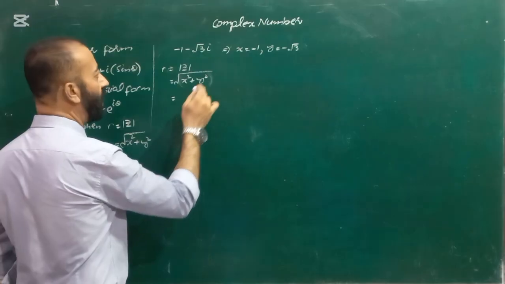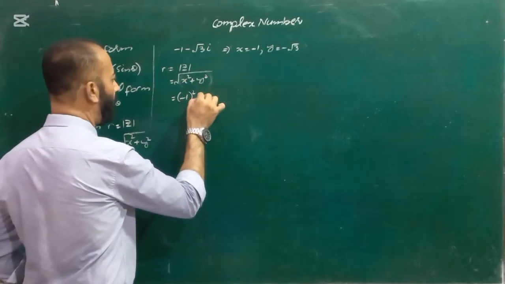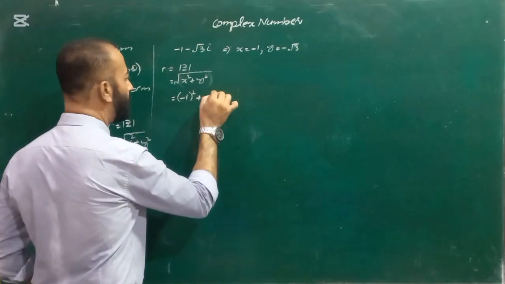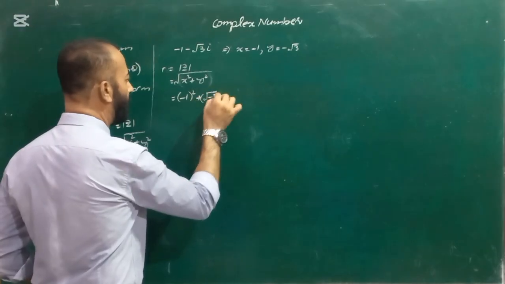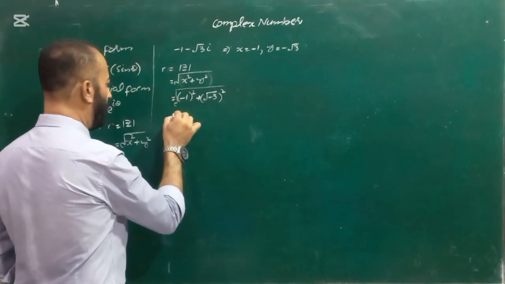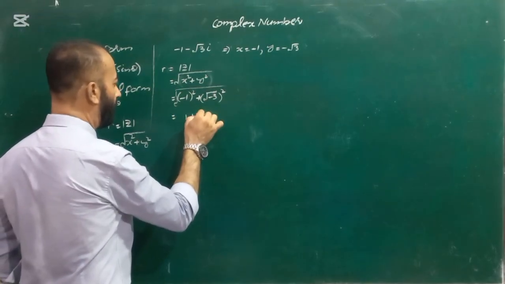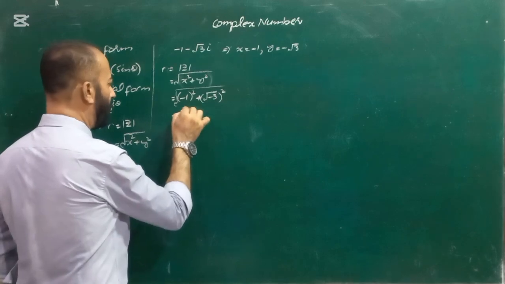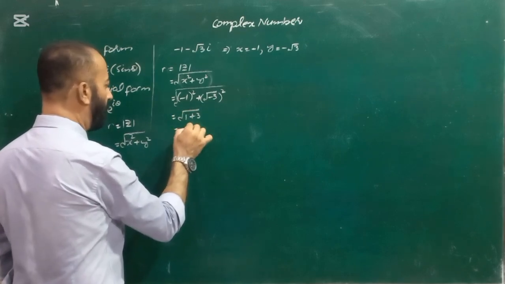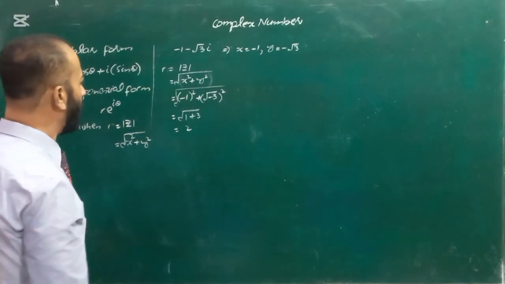So -1 square plus minus square root 3 square, whole square root. So from here 1 plus 3, square root, that will make 4. So 2 is the value of r.